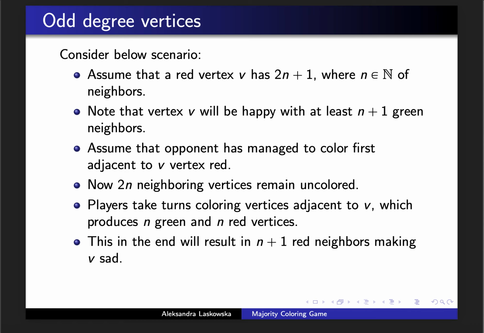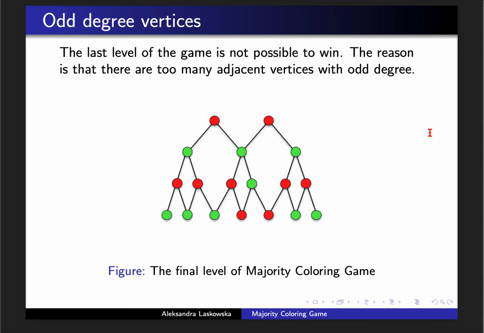And what's more, if one of those red neighbors of V has odd degree as well, it might be even impossible to win sometimes. And this is exactly the case that you can see on the final level of the majority coloring game.